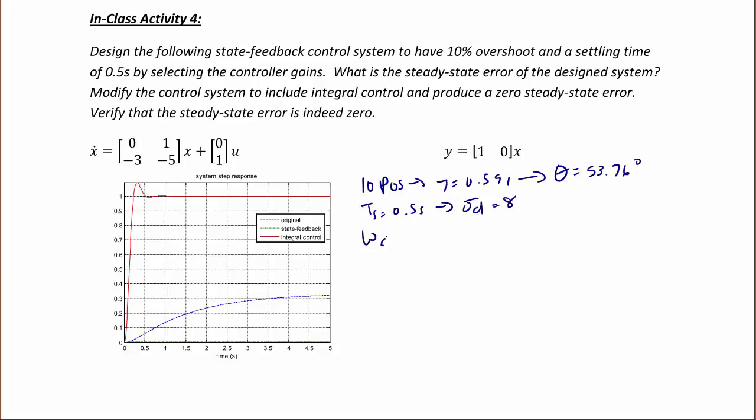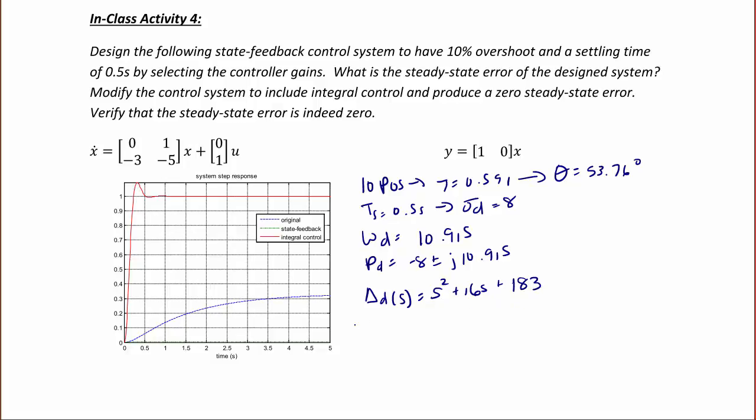So omega d is equal to 10.915. So our desired poles are negative 8 plus or minus j10.915. So our desired characteristic equation is delta d of s is equal to s squared plus 16s plus 183.